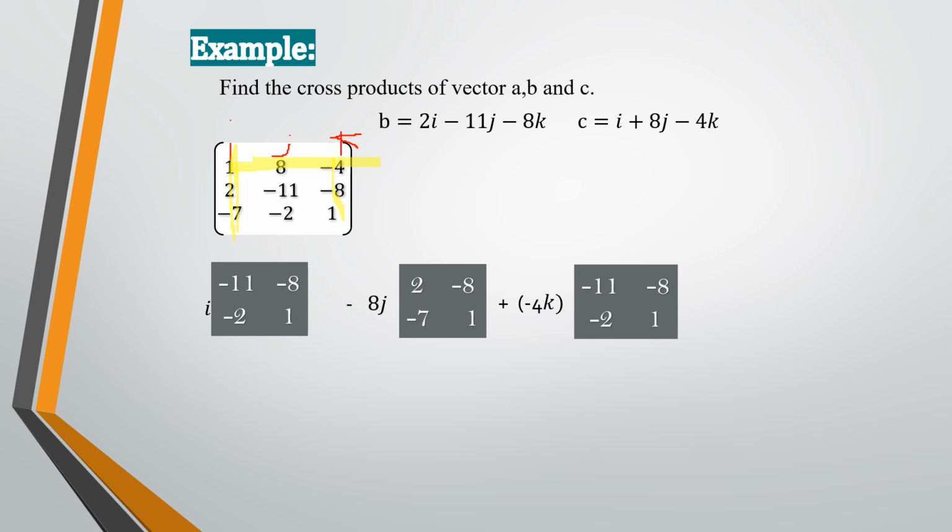So we have negative 11, negative 2, negative 8, and 1. That's how we are going to identify or get the values of i, j, and k.